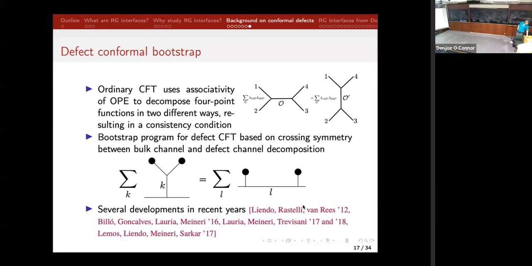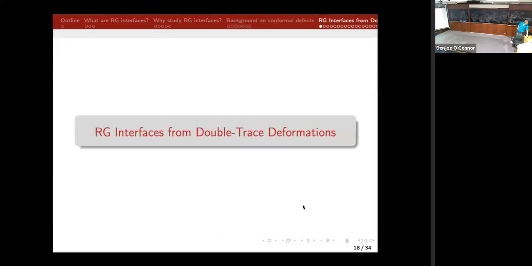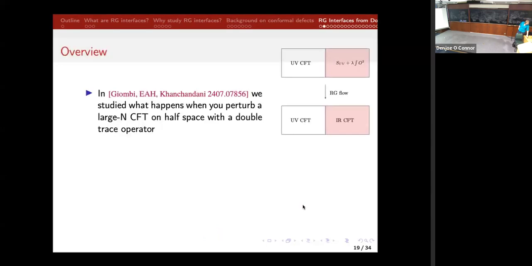Okay. So now that I've talked about some of the useful things you can get from conformal defects, let's move on to my work on RG interfaces from double-trace deformations. In this paper that we put out last year, we studied what happens when you perturb a large N CFT on half space with a double trace operator.